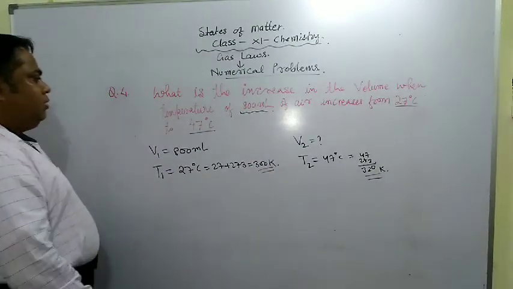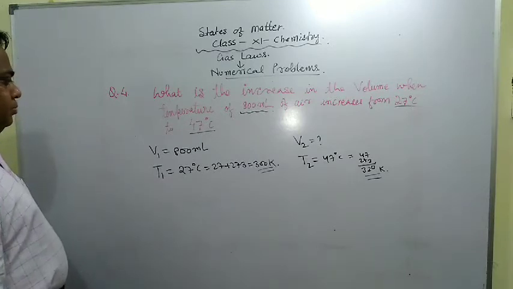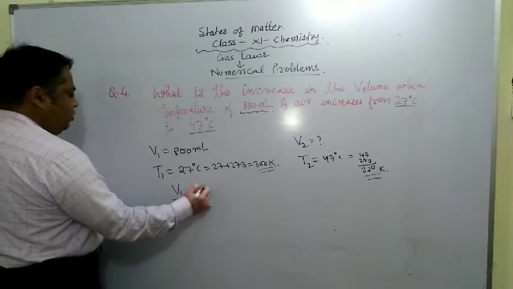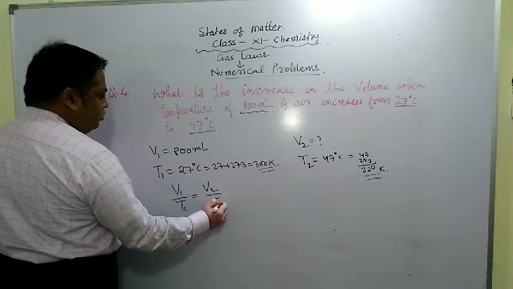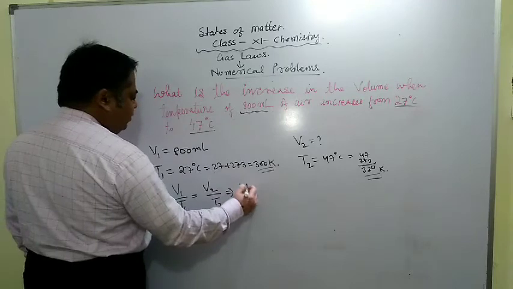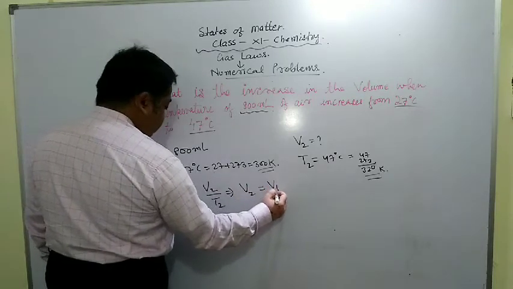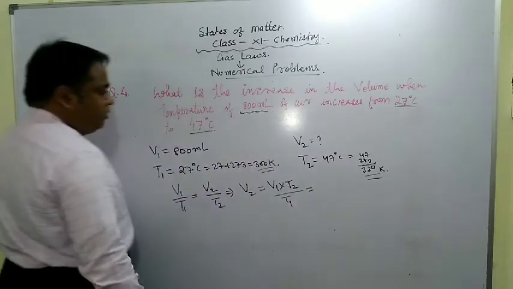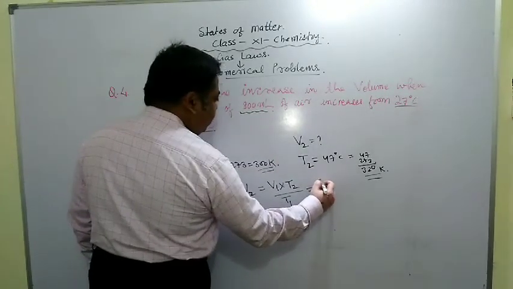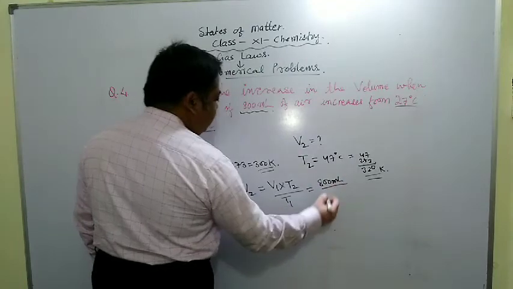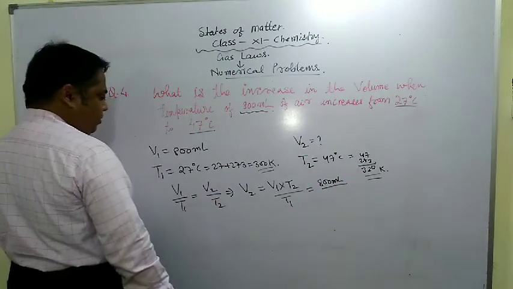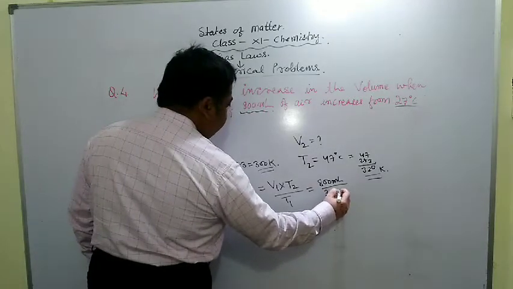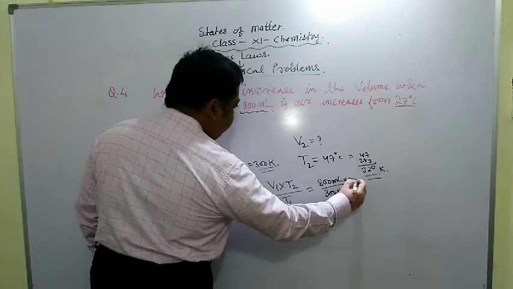Alright. So V1 by T1 equal to V2 by T2. This implies V2 is equal to V1 into T2 by T1, which is equal to 800 ml by 300 Kelvin multiplied by 320 Kelvin.